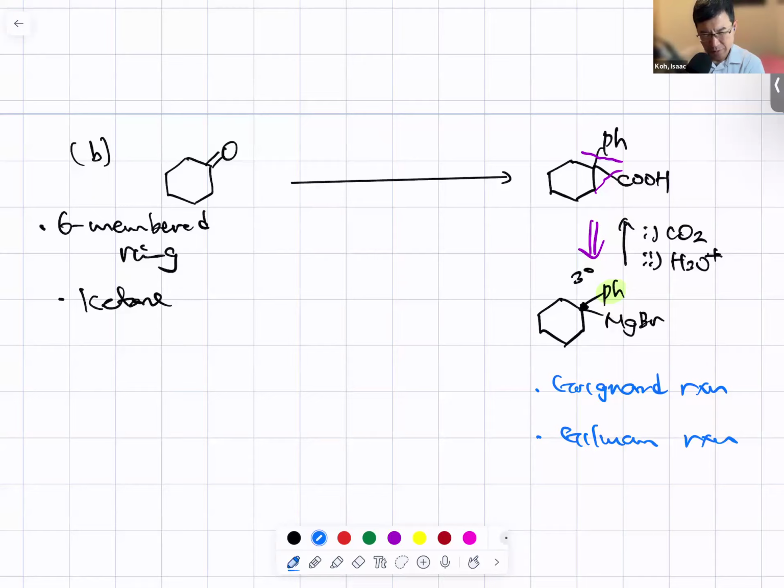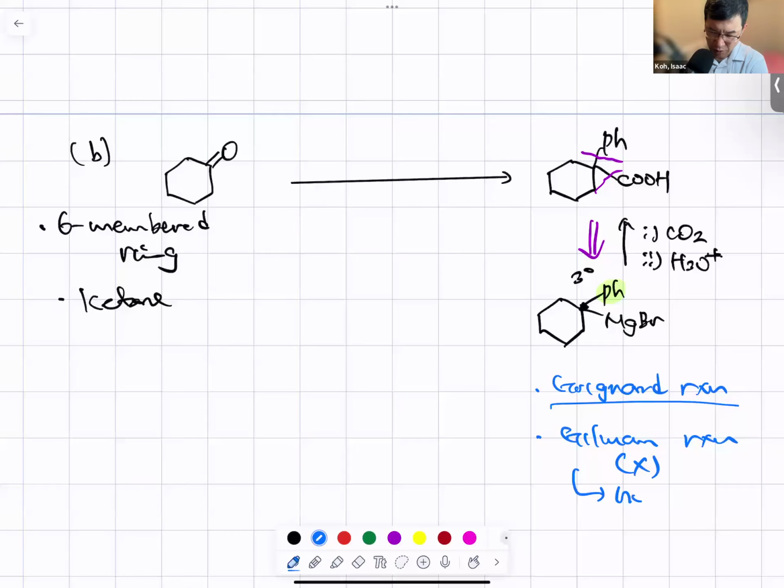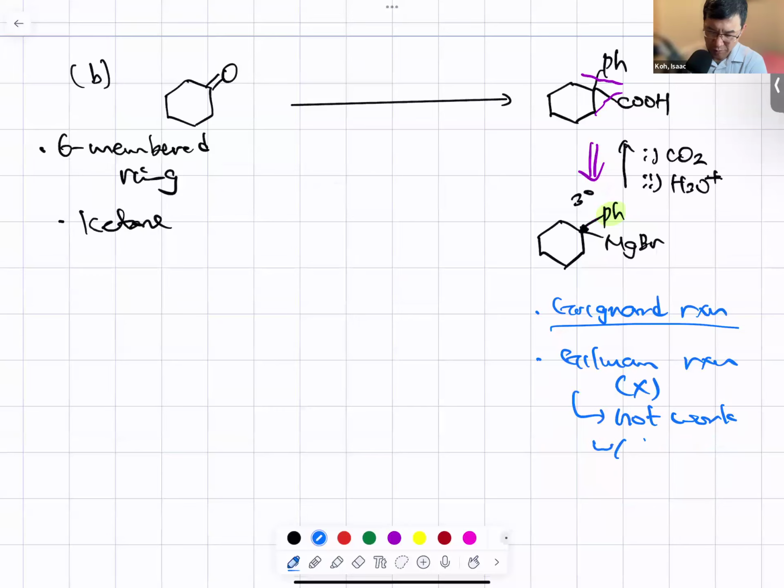All right, okay. Then let's try Grignard reaction, because Gilman reaction doesn't work. This one is not working with ketone. Grignard reagent is working with alkyl chloride. So this is out of our consideration.